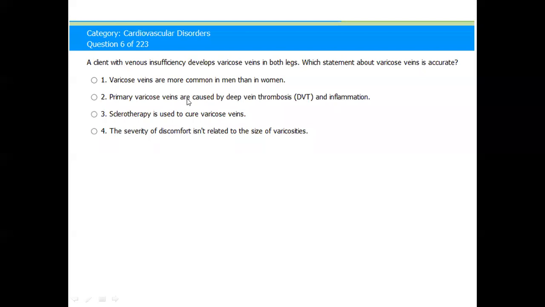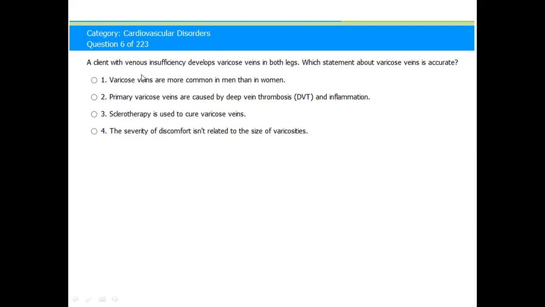Primary varicose veins are caused by deep vein thrombosis and inflammation. Or sclerotherapy is used to cure varicose veins, and the severity of discomfort is not related to the size of varicosities.